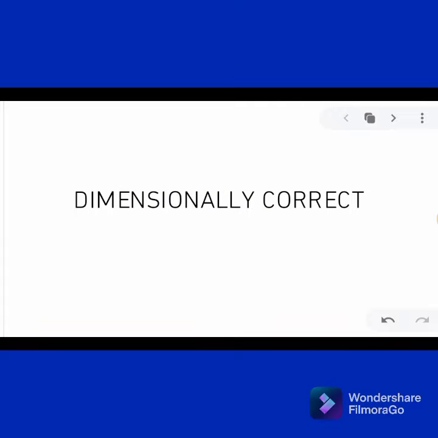If you come across this term dimensionally correct, when they ask you if something is dimensionally correct, they're basically saying, is everything in this equation correct?